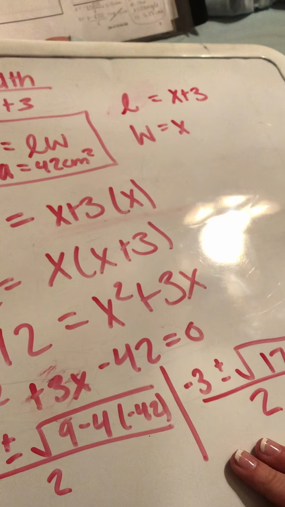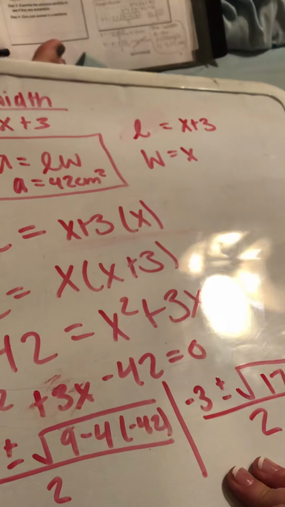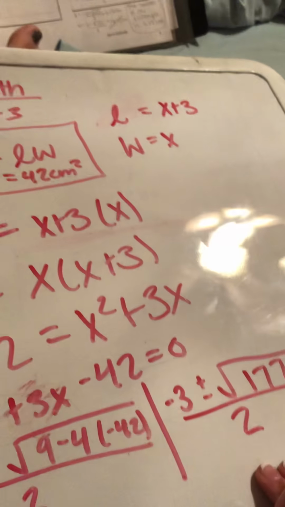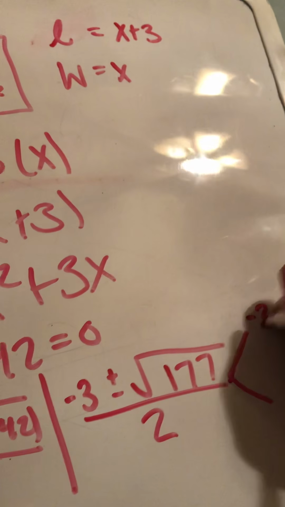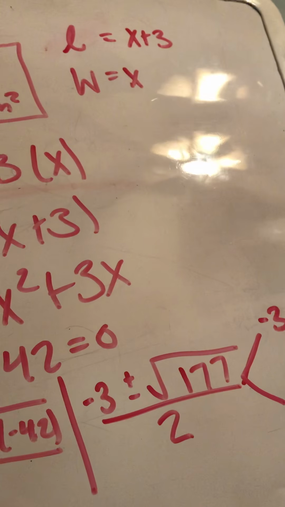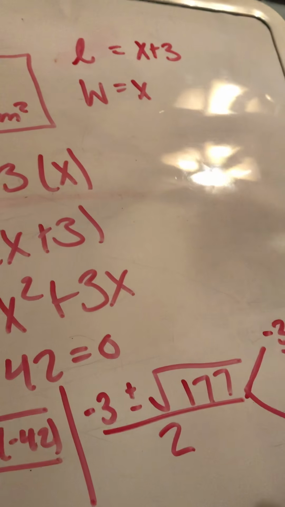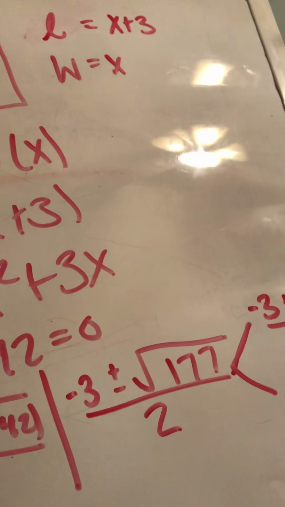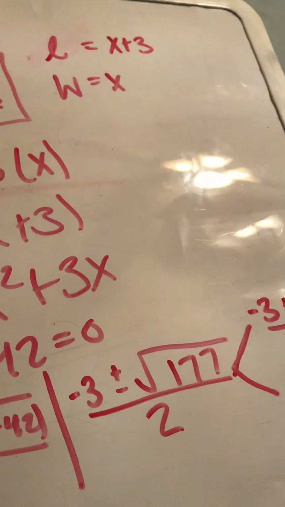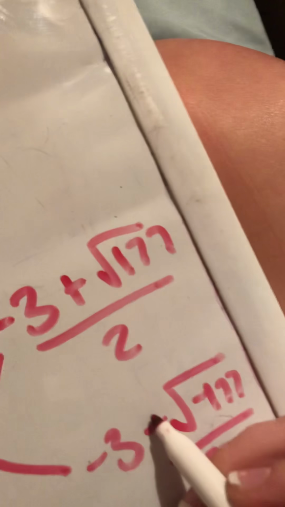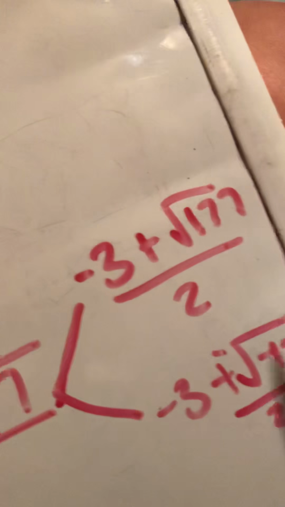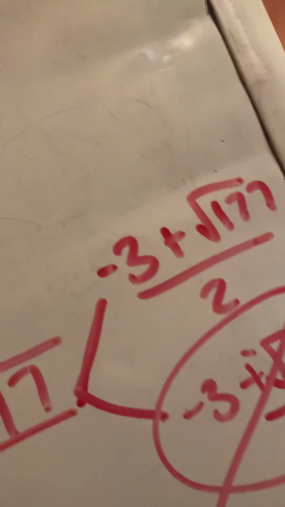Basically, you would put this into the calculator, and this would provide you with two options: negative 3 plus the square root of 177 over 2, and negative 3 minus the square root of 177 over 2. This one gives you a negative answer, so you're just going to say, nope.